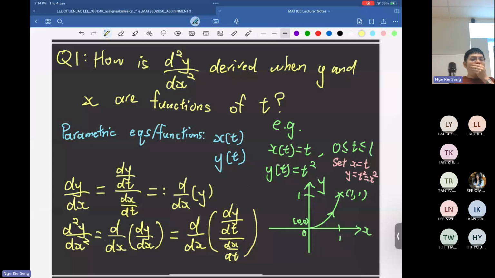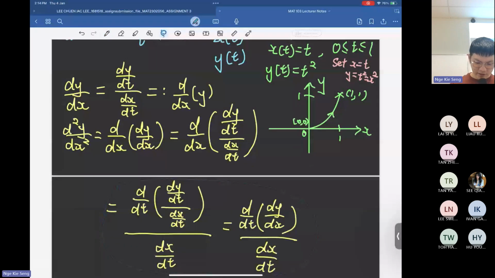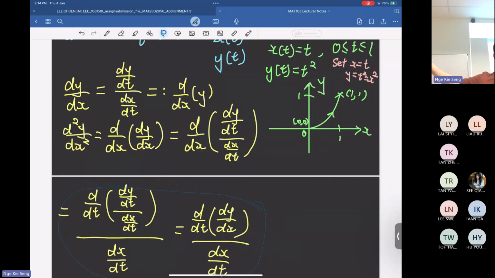Differentiate dy/dx with respect to t. Okay, this is a good question. So everyone can see or not? So he asked how to differentiate dy over dx with respect to t.